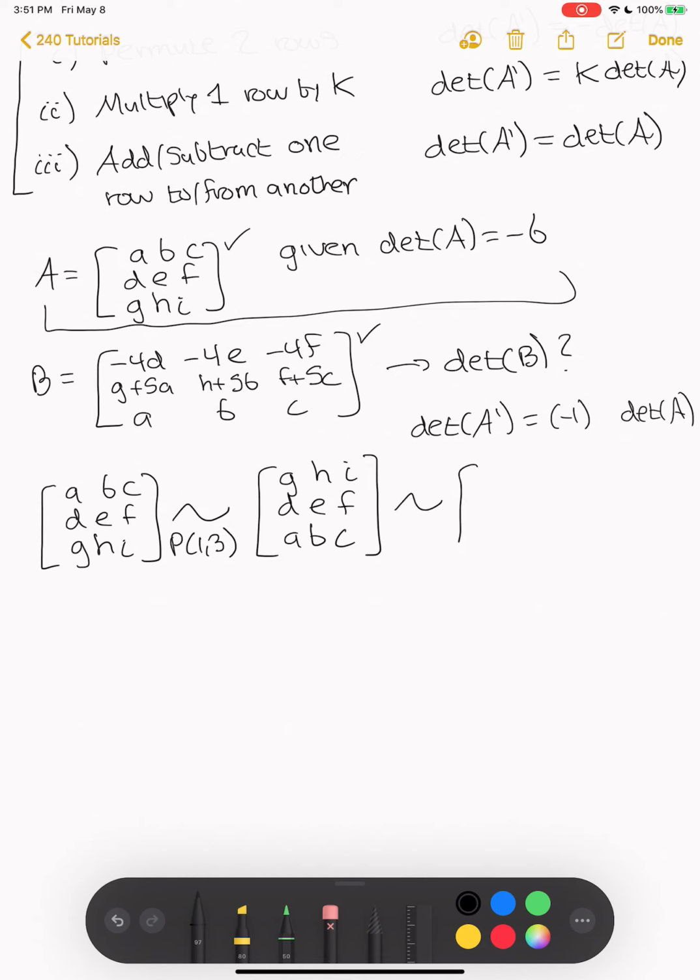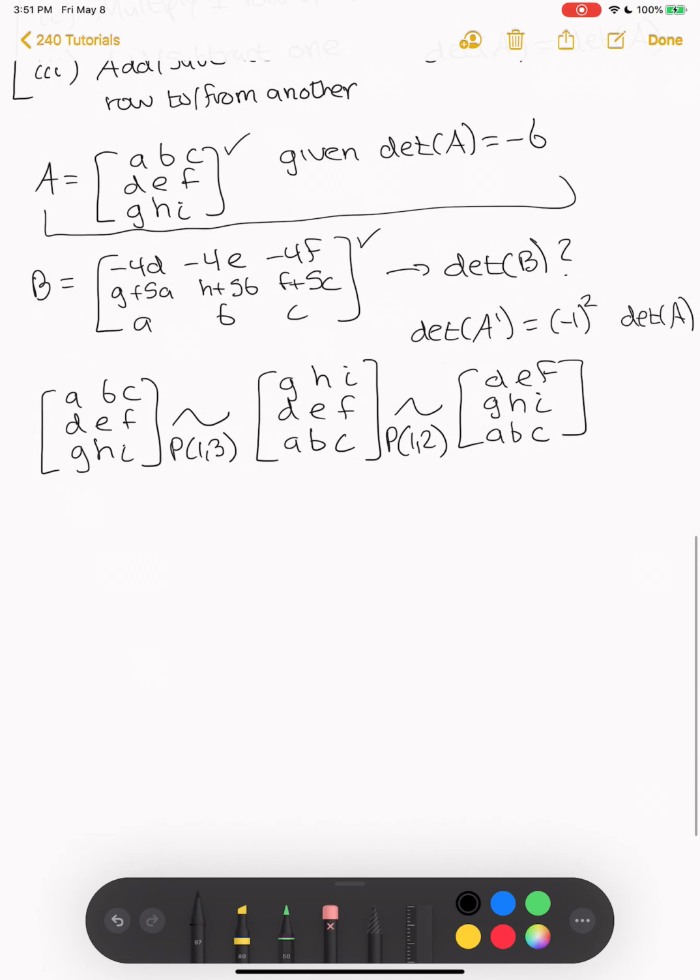I'm going to permute again because I need some stuff in the middle now. So D, E, and F need to go up top, and G, H, I need to go in the middle. So to do that, I permuted rows 1 and 2. And so if I do that, I have to multiply by -1 again, which is the same as just squaring my -1 here. And everything's in the right order now.